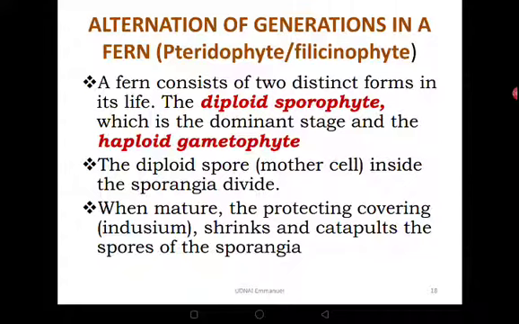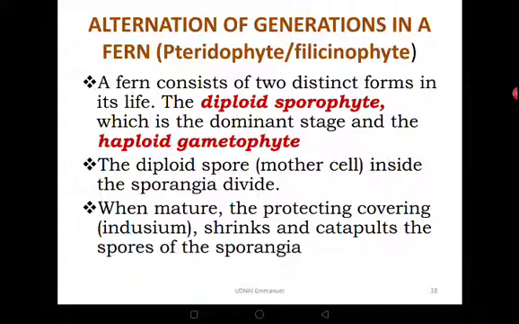So a fern consists of two distinct forms in its life cycle: the diploid sporophyte, which is the dominant stage, and the haploid gametophyte. I want you to remember that very clearly.